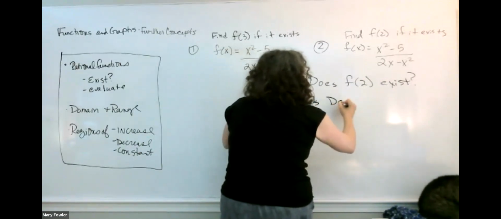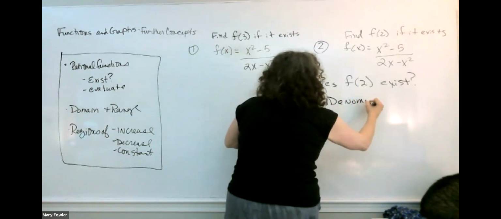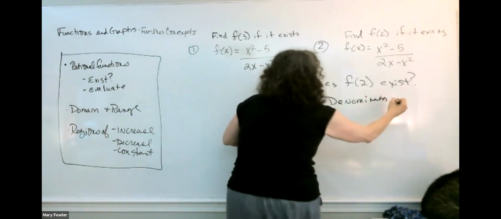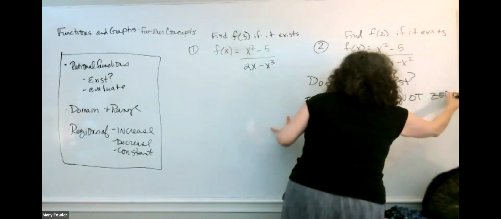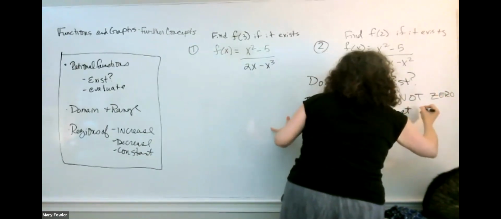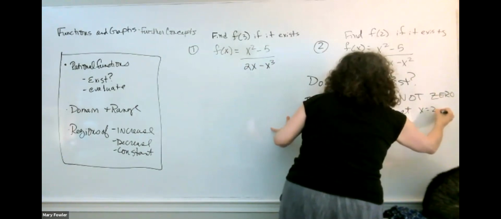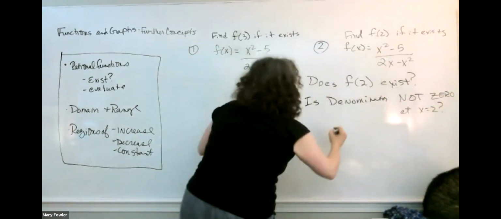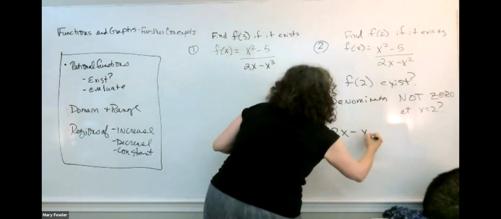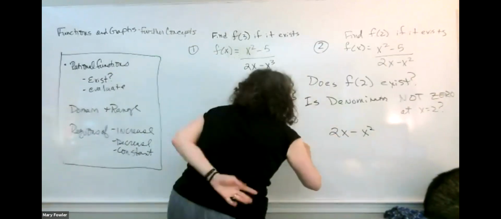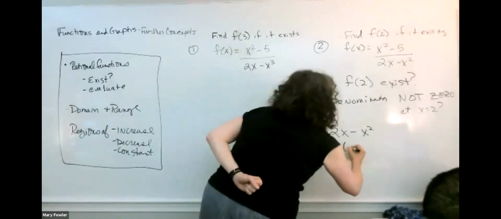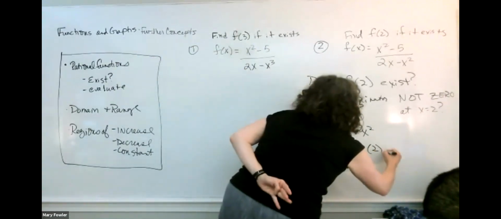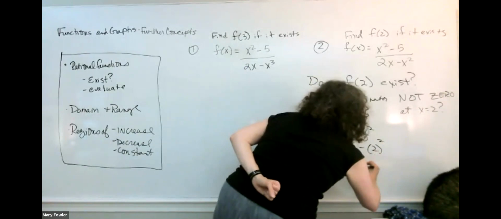So let's go ahead and answer that by restating it as, is the denominator not 0 at x equals 2? Okay, so let's look at the denominator. Calculated at x equals 2, we get 2 times 2 minus 2 squared, 4 minus 4.